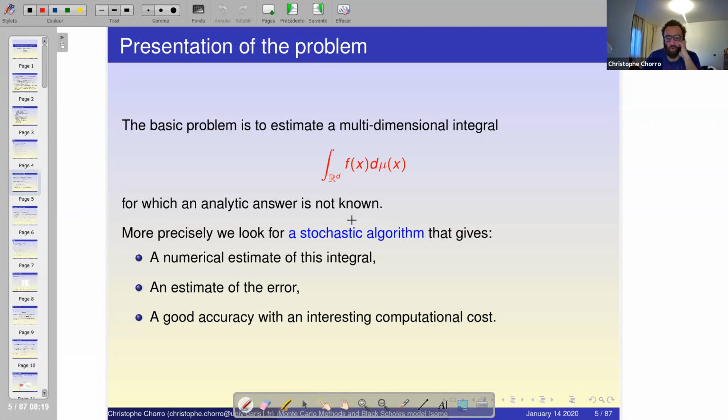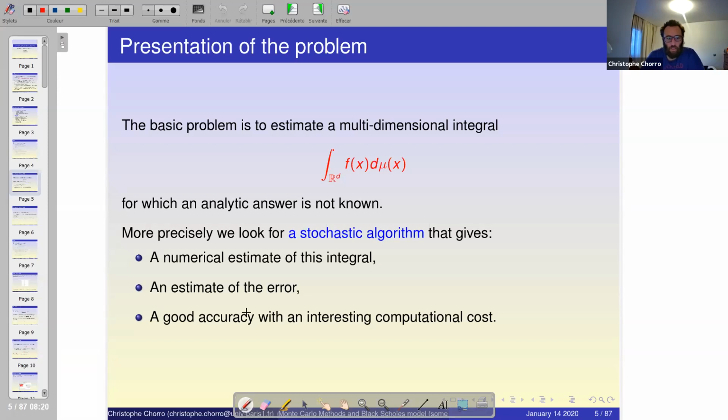And I want to have what? I want to have an estimator of this integral, an approximation, let's say. I want to be able to estimate the error I make when I use this approximation to approximate this integral. And of course, at the end, if possible, I want to have a good accuracy for this methodology and a computational cost that is not too huge.